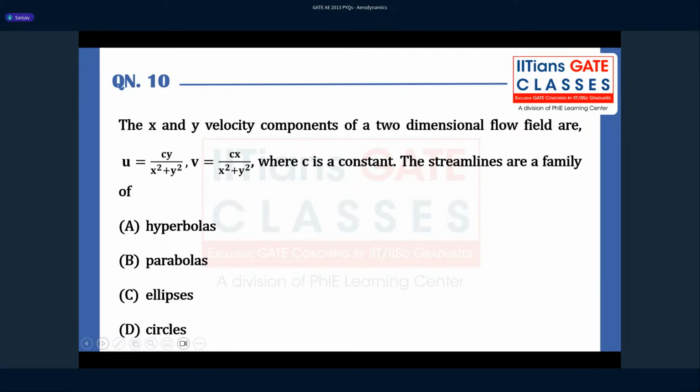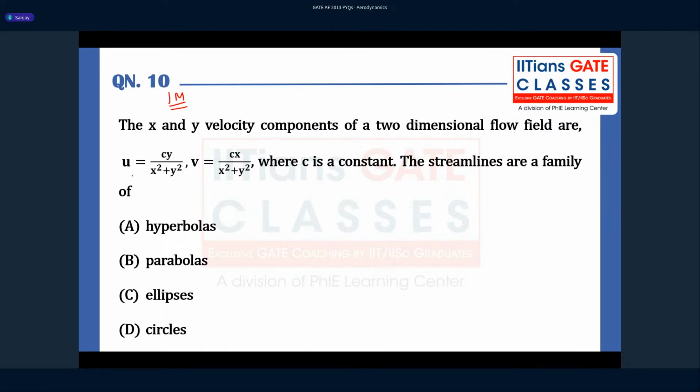So here you can see the first question. This was question number 10 in the 2013 paper. It's a 1 mark MCQ. Let's read. The x and y velocity components of a two-dimensional flow field are given to you.